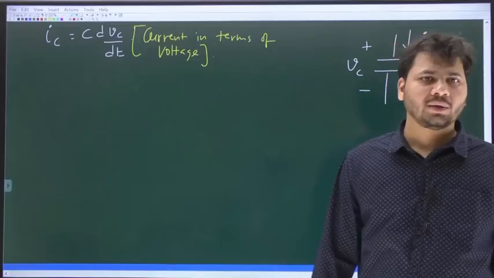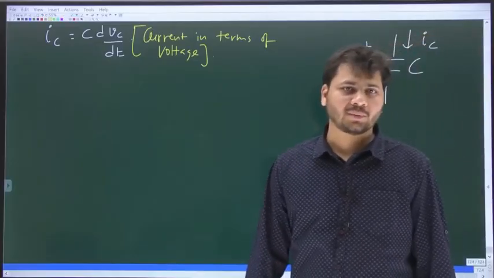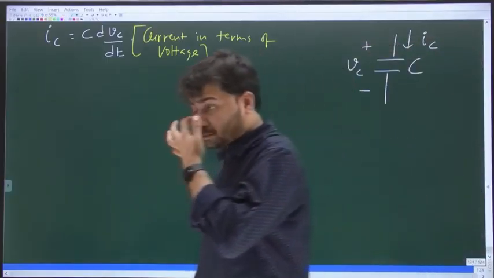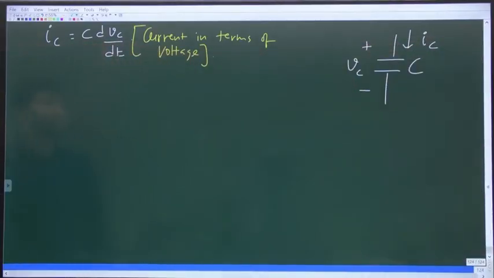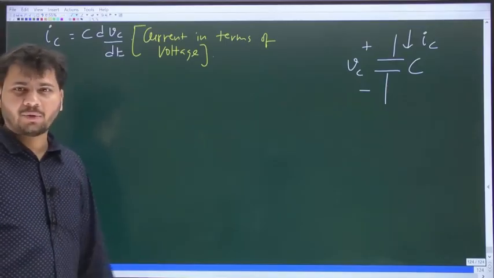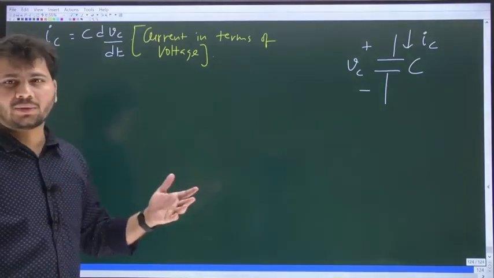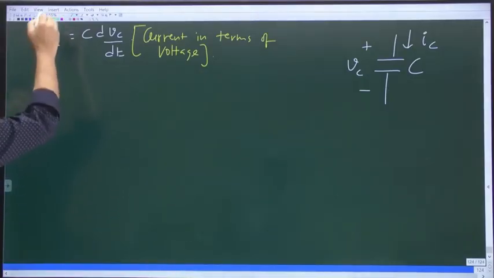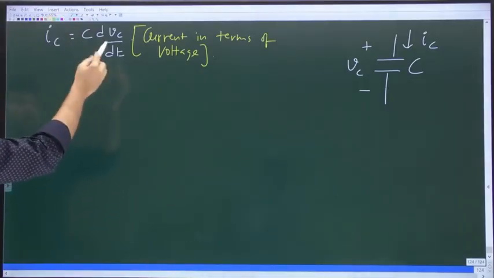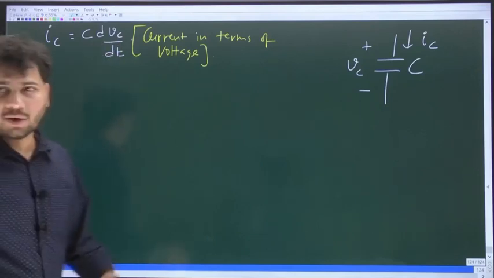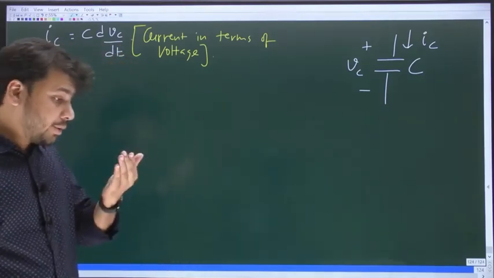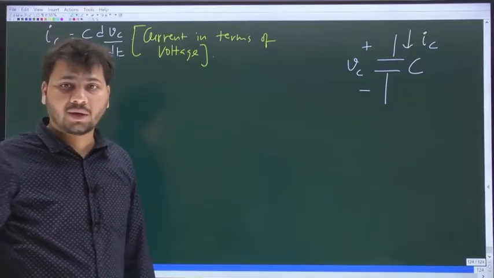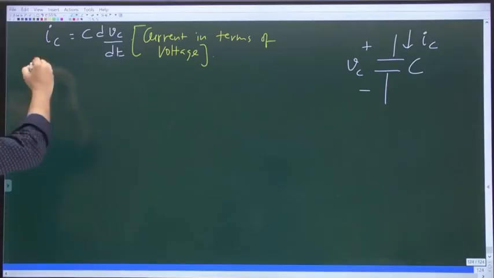It is just a matter of manipulating this equation so as to express voltage in terms of current. So what is our objective? Already we know current through the cap in terms of voltage. Now we are trying to express the voltage across the cap in terms of the current through the cap.